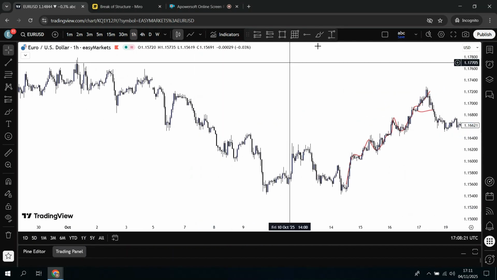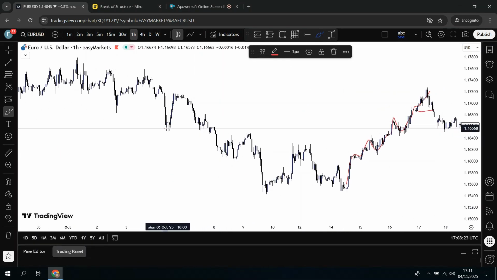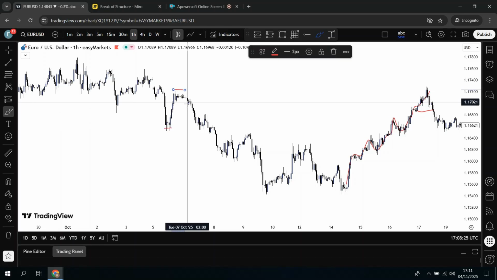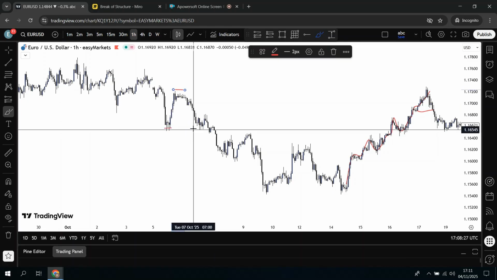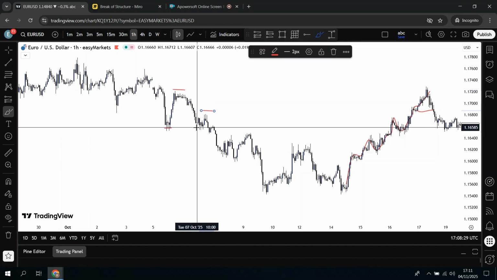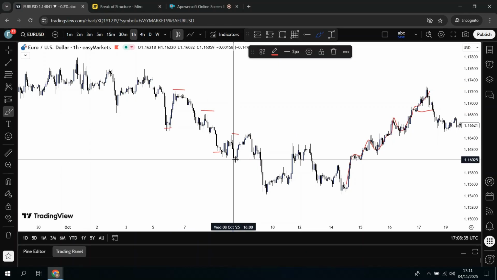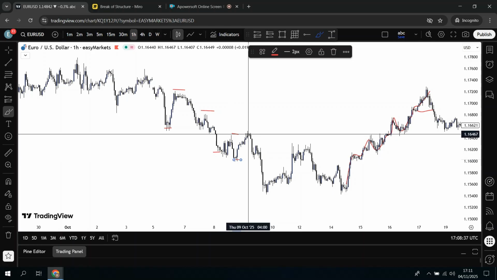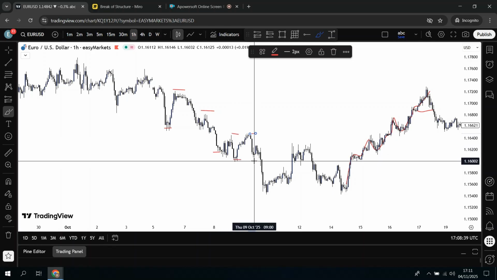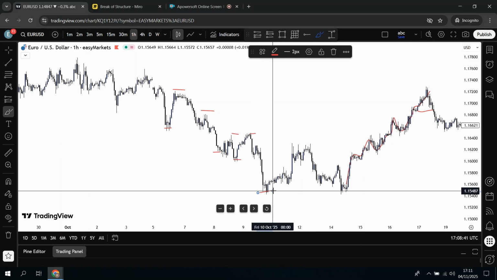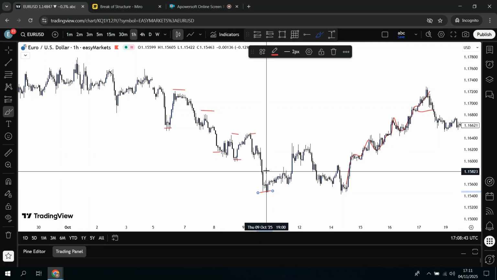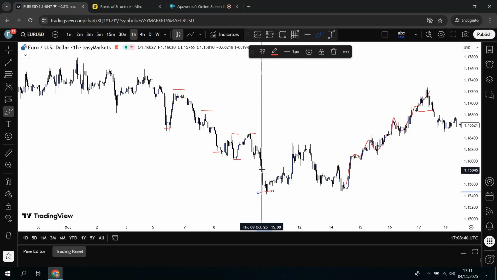Again, what did we see? High, lower high, lower low. Lower high, lower low. You actually make a higher high here, but then you make a lower low. So this was probably news, maybe.